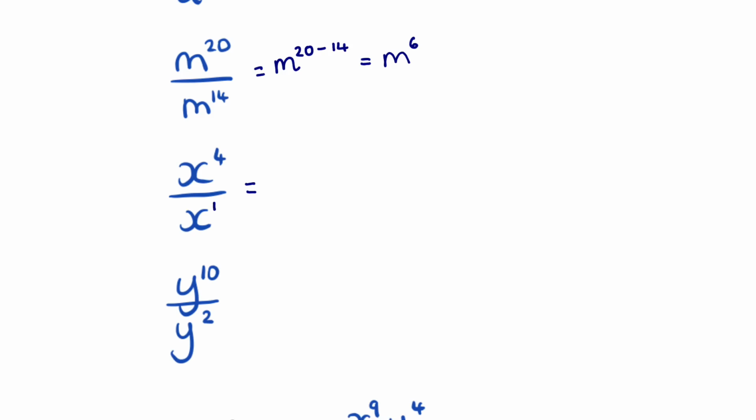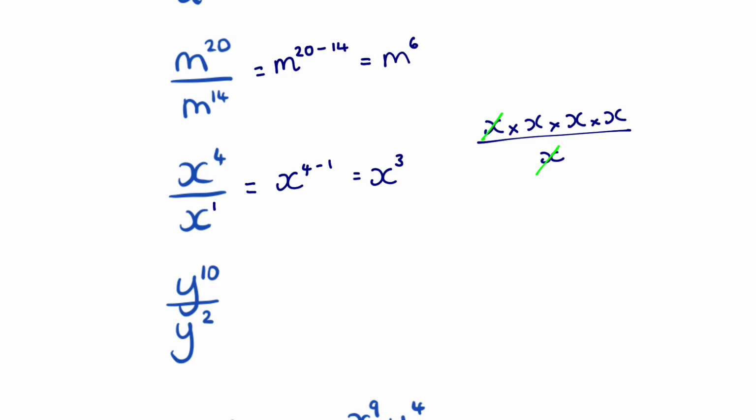I think most of you had worked out before that we can put a power 1 with that. So x is the same as x to the power 1. So when we're subtracting, it's x cubed. And we can just set this one out just to satisfy ourselves that we're right. When we do our cancelling, that x and that x leaves us with 3 on the top. So it's x cubed.